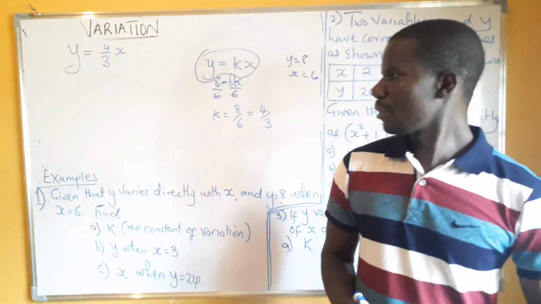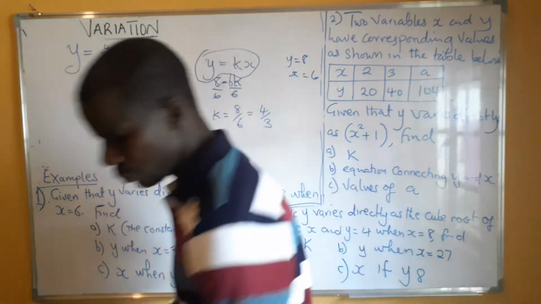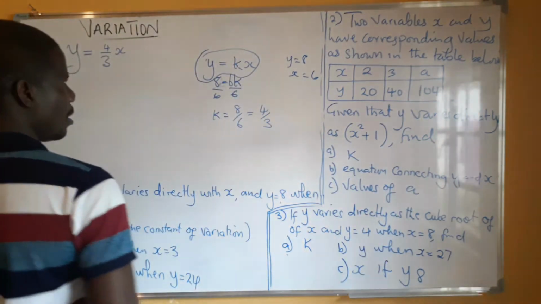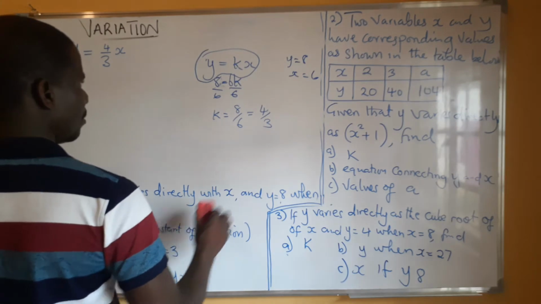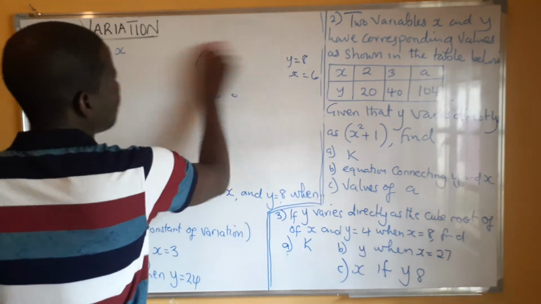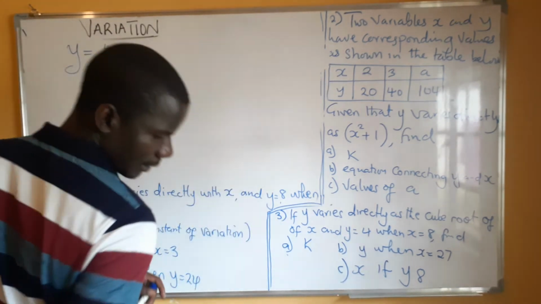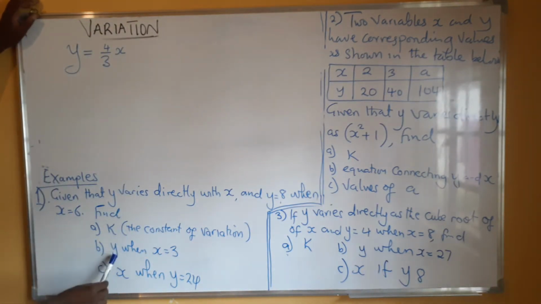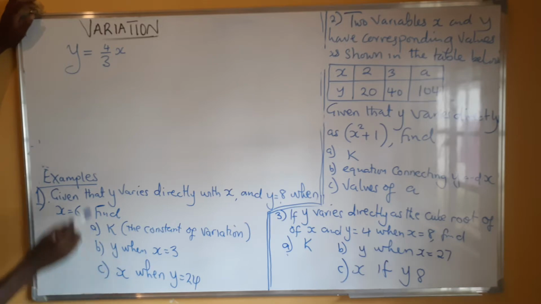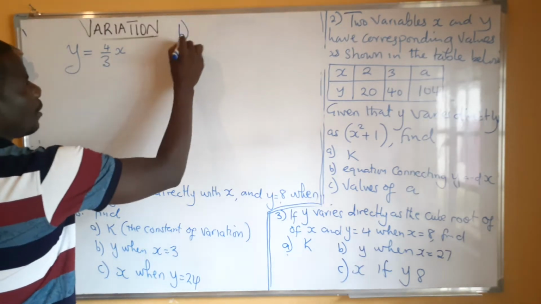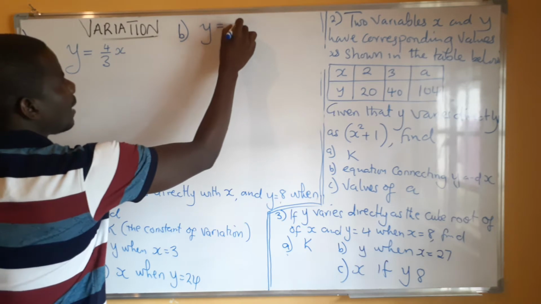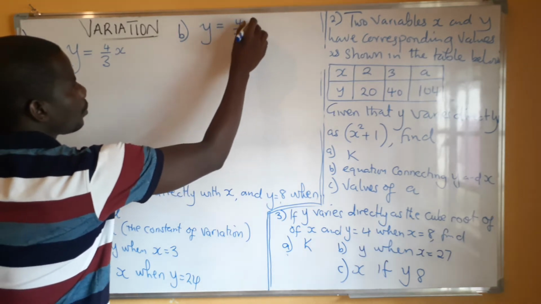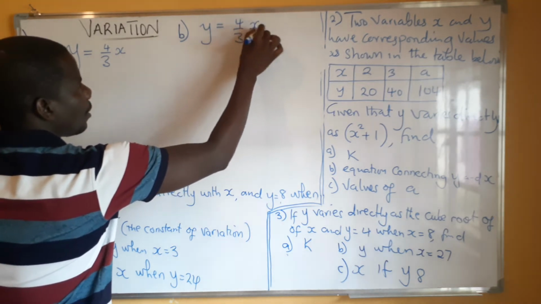All right. So then we move to the next part. Take notes. This is the equation that we are using now. The first question is saying find the value of y when x is equal to 3, which is part b.